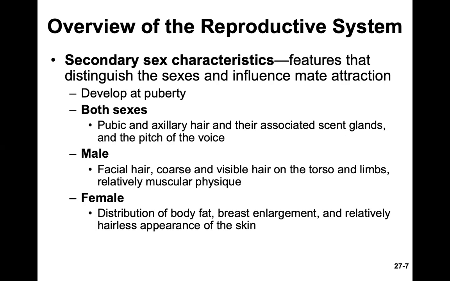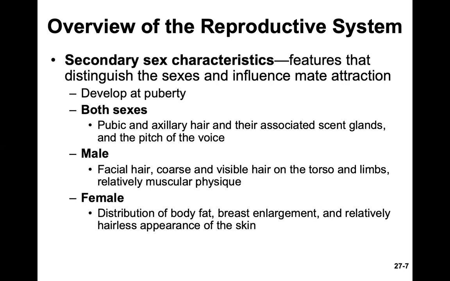So that's that underarm hair. The scent glands will start to develop, and this is why they start to smell like grown people when they're little, because these glands start to produce. And then the voices change, right? Voices change at puberty, and they can start to sound more like an adult male or more like an adult female.